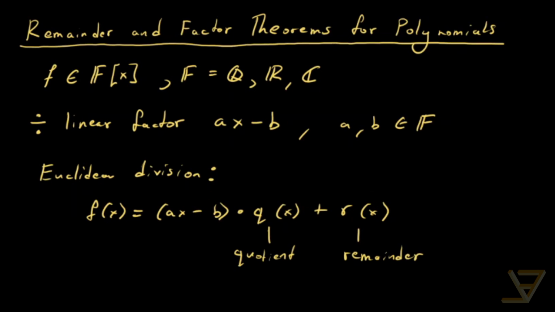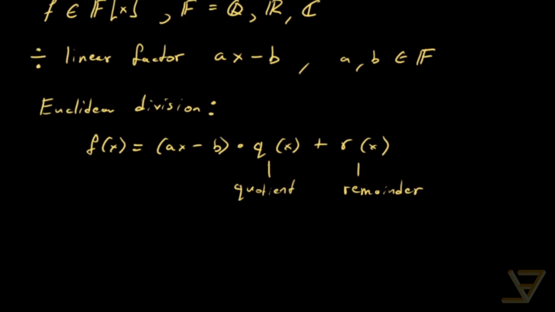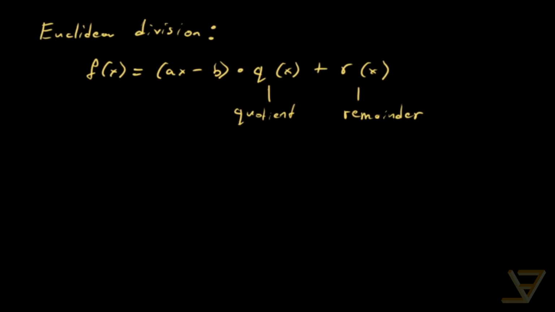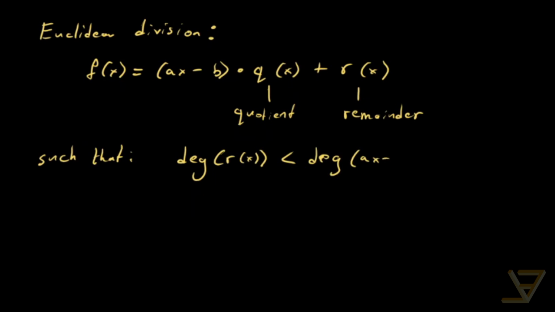Euclidean division implies that a unique quotient and remainder exists such that the degree of r of x has to be less than the degree of ax minus b, which is the divisor.